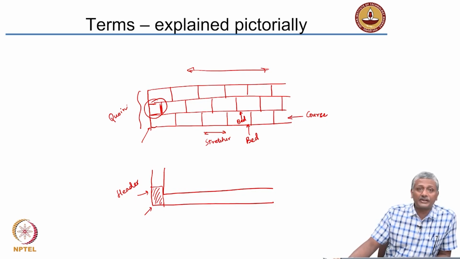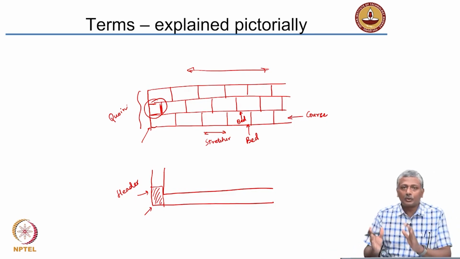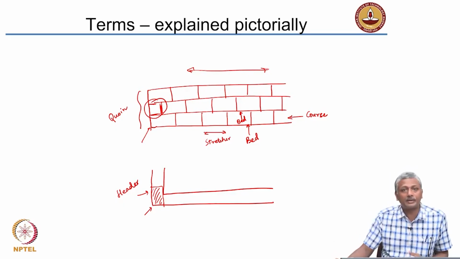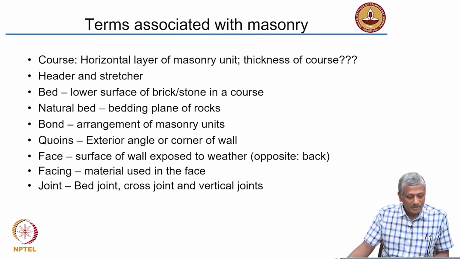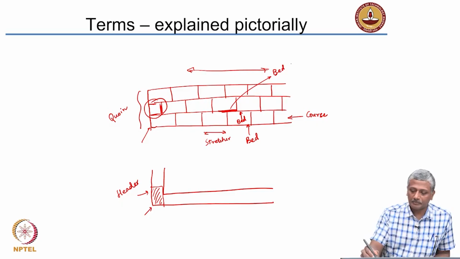So, that is where we actually use the coin closers or queen closers to close out the wall at the end, so that it can run in the other direction. I will come to that when we actually come to specific arrangements of the brick units. Right. Then we talked about the joints. The mortar that is in the bed is called the bed joint, obviously. The mortar that is in the vertical parts is called the vertical joint.